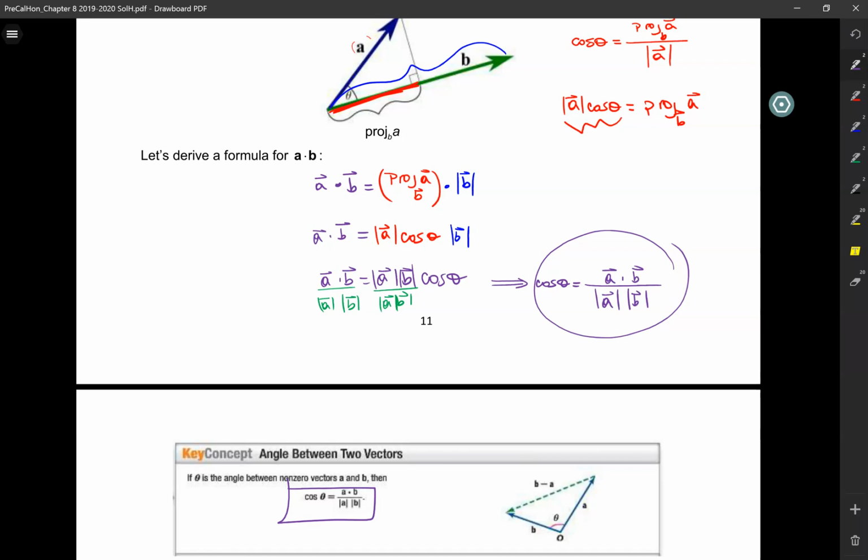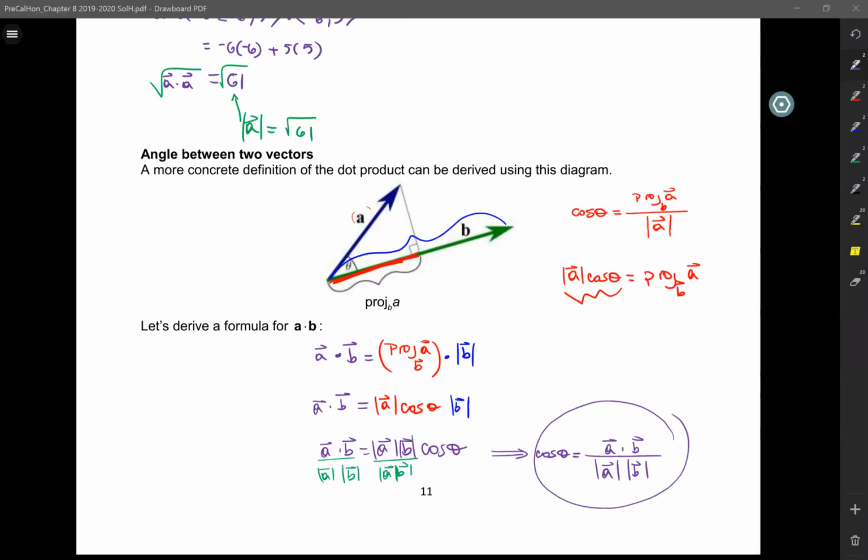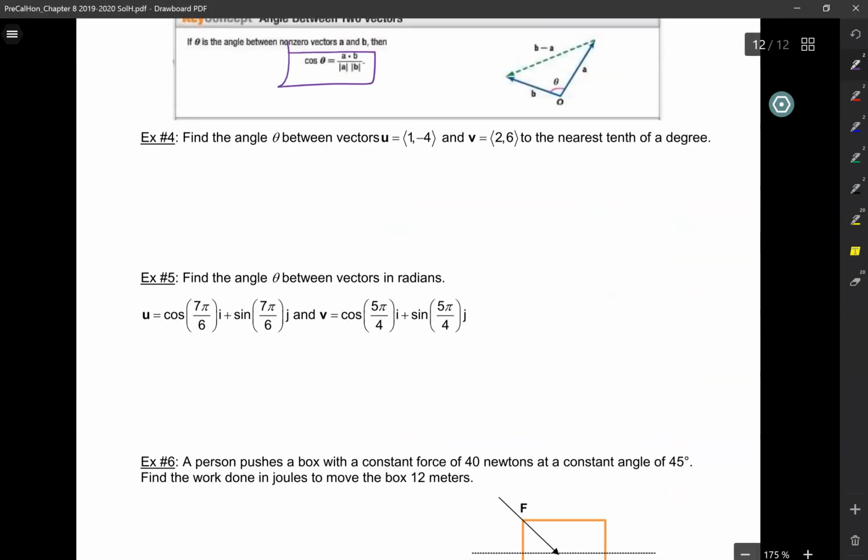Okay. Let me stop this for a minute. Triangle between vectors u and v. So let's see. Cosine of theta is going to be u dot v over magnitude of u, magnitude of v.